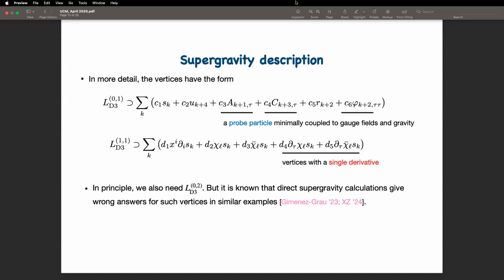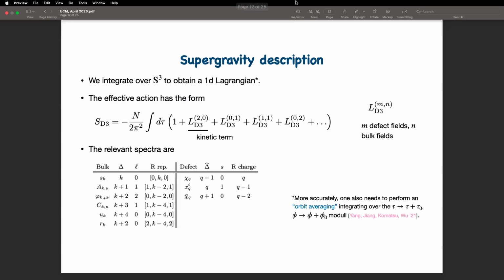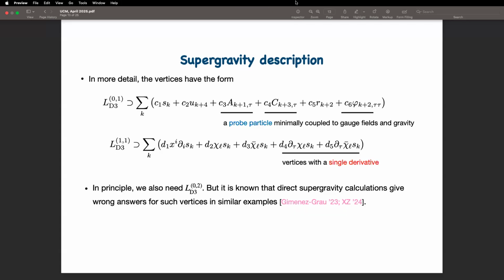The L01 contains just a bulk field, and you can focus on these bulk fields which carry spin, and you realize this actually takes the form of a massive particle in AdS, minimally coupled to the background gauge fields and gravity. So you can do this exercise I outlined earlier, and you see this result, which agrees with your expectation.